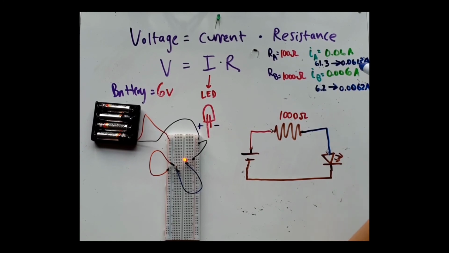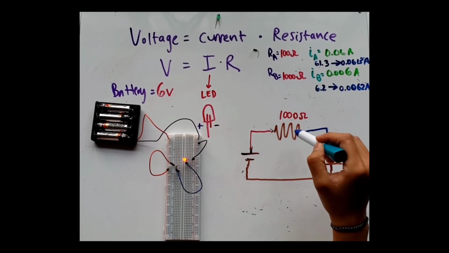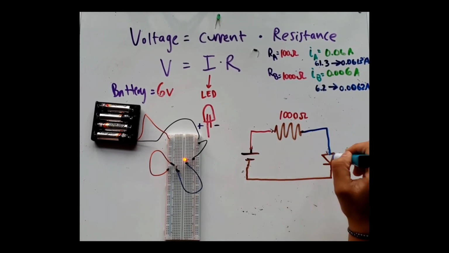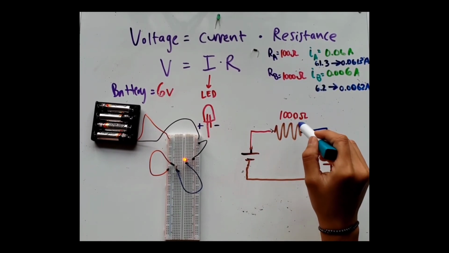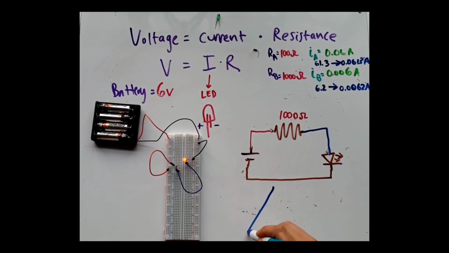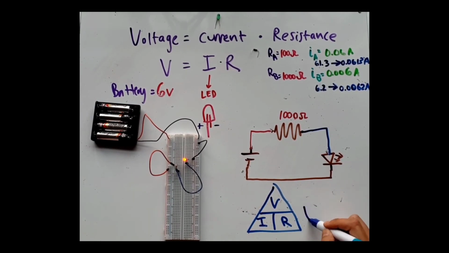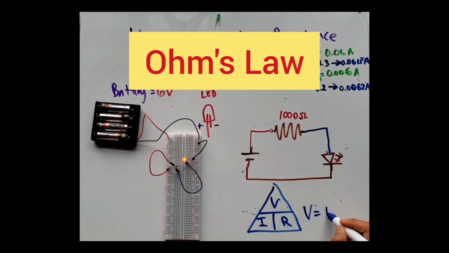That's a very fundamental relationship to understand: depending on what resistance you have, you're going to get different current. Depending on your current, you're going to get different voltage. Depending on your voltage, you're going to get different resistance. So understanding that triangle, voltage is at the top, current times resistance will give you voltage, and the relationship will always be Ohm's law, which is V is equal to I times R. All right.